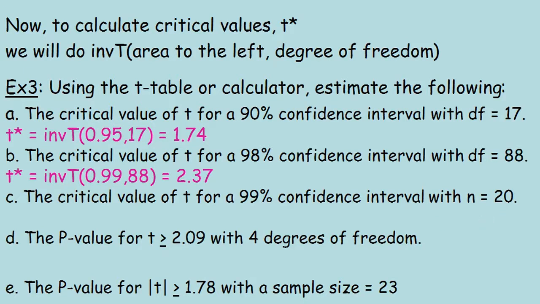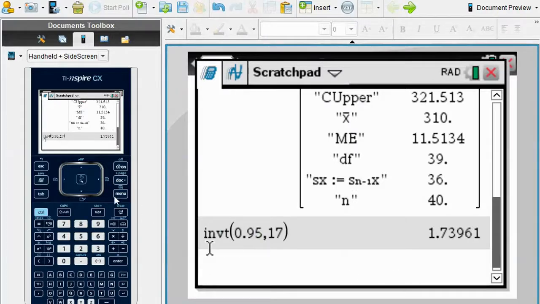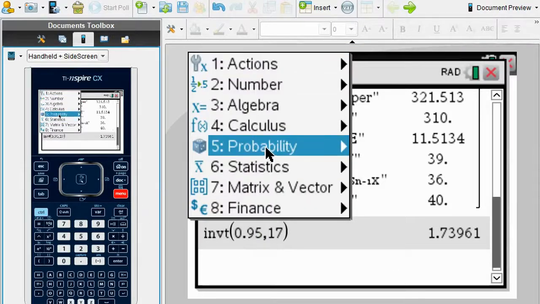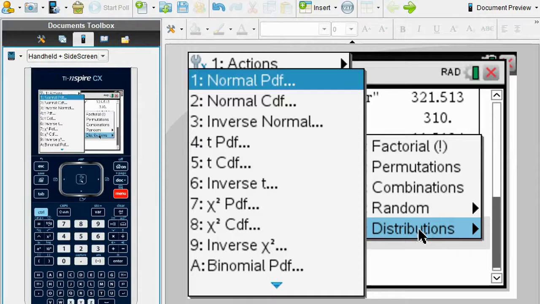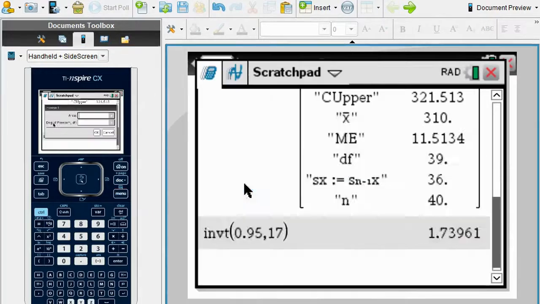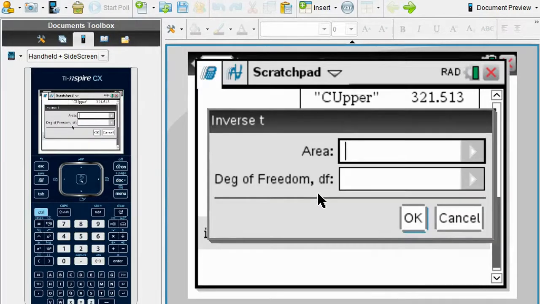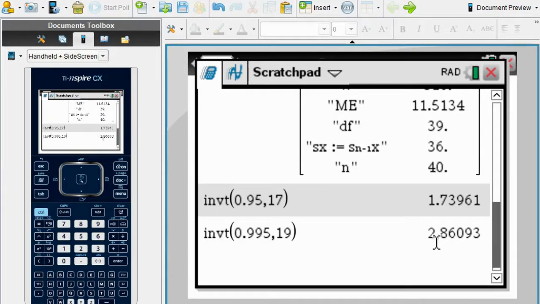On your calculator, again, it's menu, probability, distributions, inverse t. Although it's 99% confidence, you still need to add the bottom tail, so 0.995. The degrees of freedom should be the sample size minus 1, so we'll do 19.